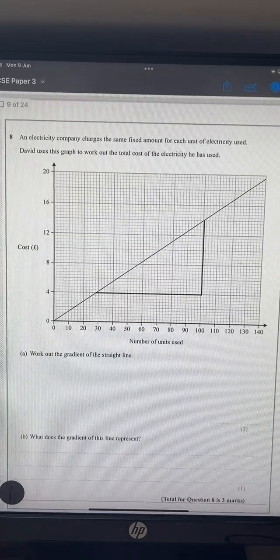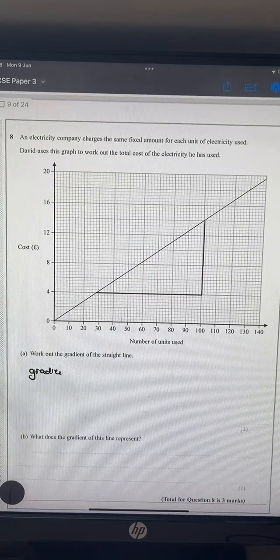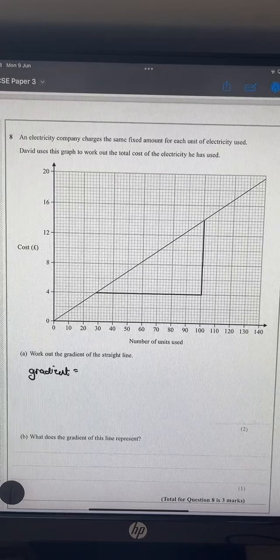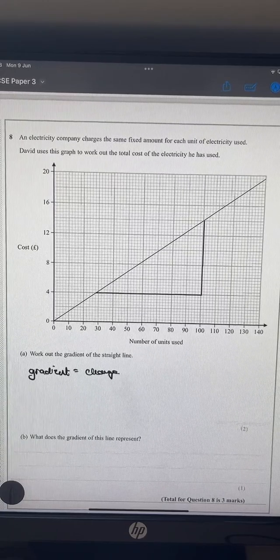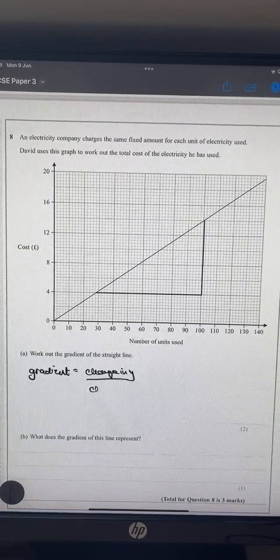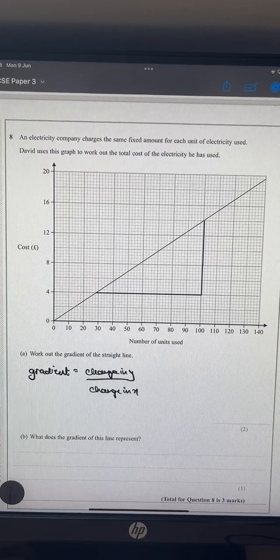So I know that the gradient is the change in y divided by the change in x, basically how steep the line is. So y goes from, what is this value? This is going to be in between 12 and 16, so that's 14.